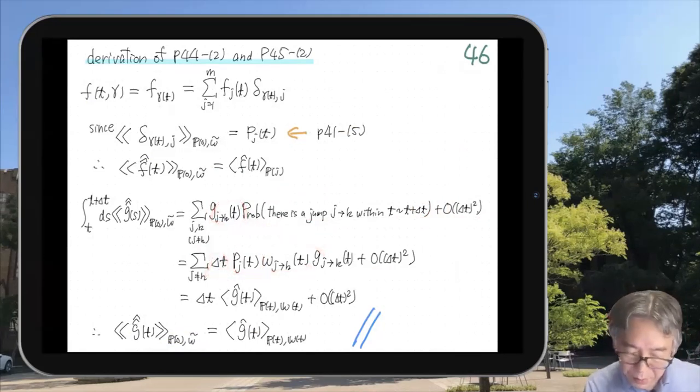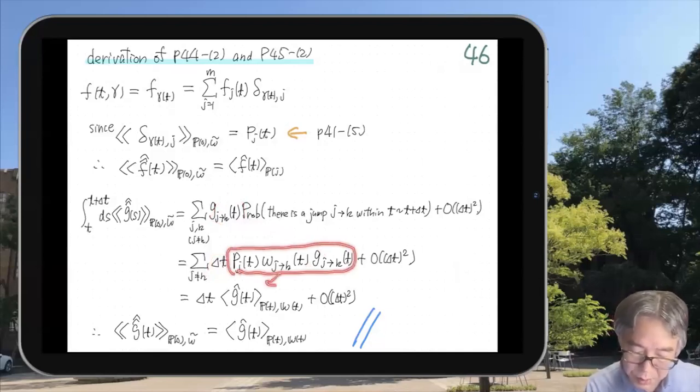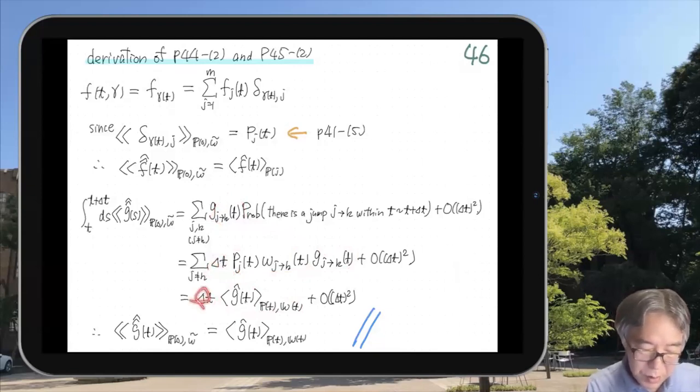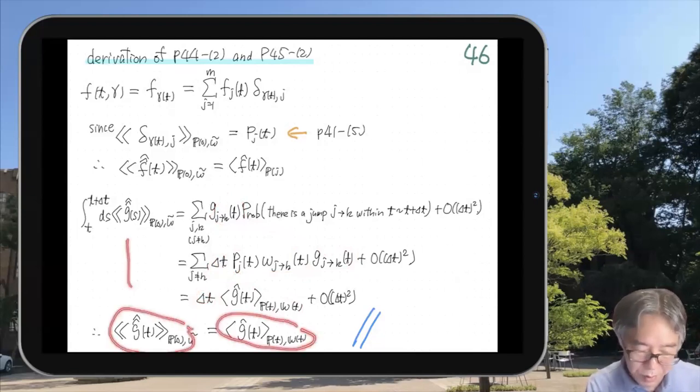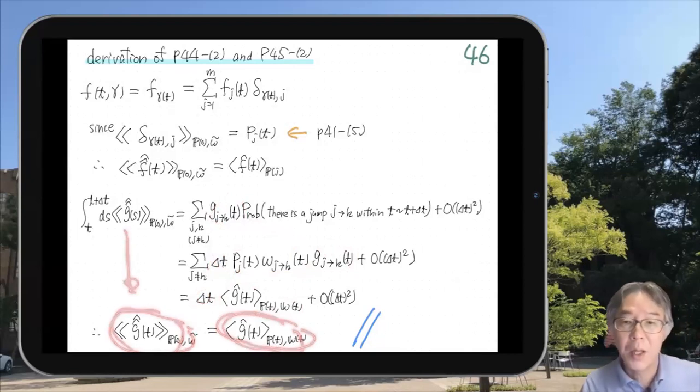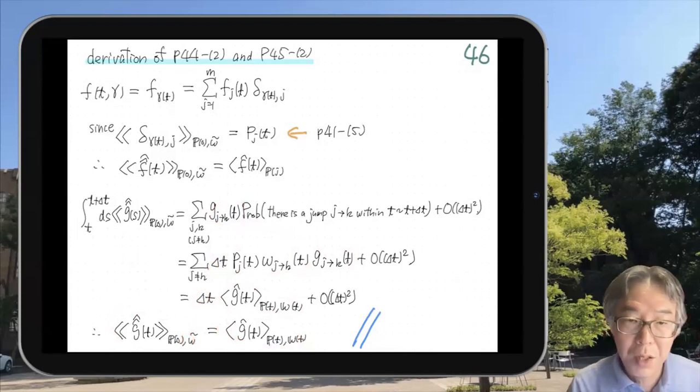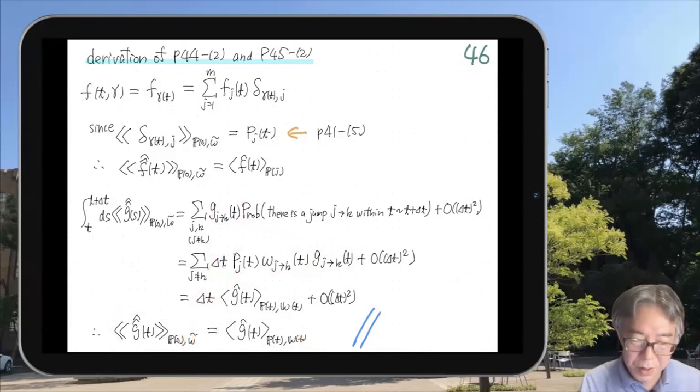But if you look at this, this precisely gives this expectation value, and we have delta t here. Now what we want to do is to divide both sides by delta t and take the limit where delta t goes to 0, and then the left-hand side becomes this, and the right-hand side becomes this. Okay, so we have proved the desired relations.